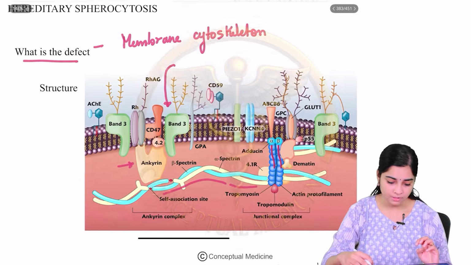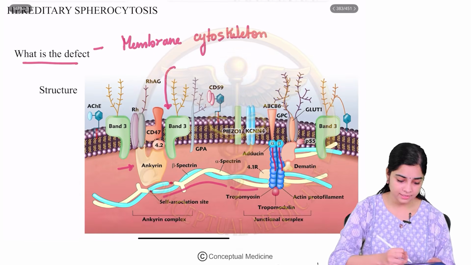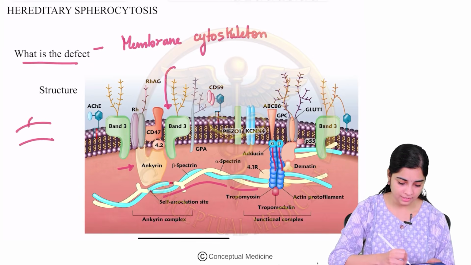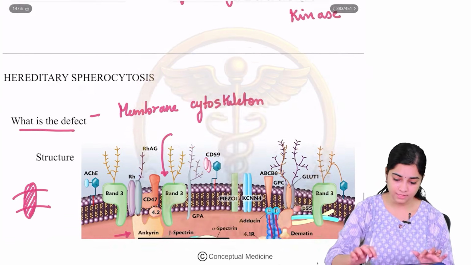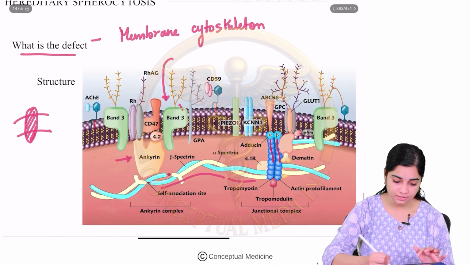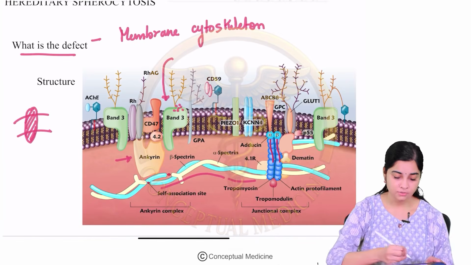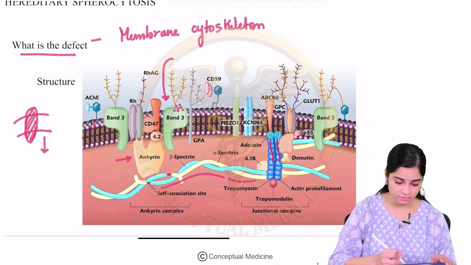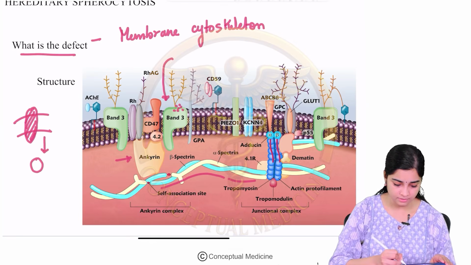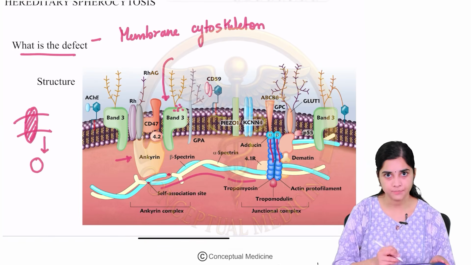Okay, so what you have to understand is that if there is a protein in the cell membrane of the RBC which is traversing the entire RBC membrane like this, so what is that protein? As you can see here, the protein here is band 3, right? So when the band 3 is affected, this is going to cause a spherocyte, right?